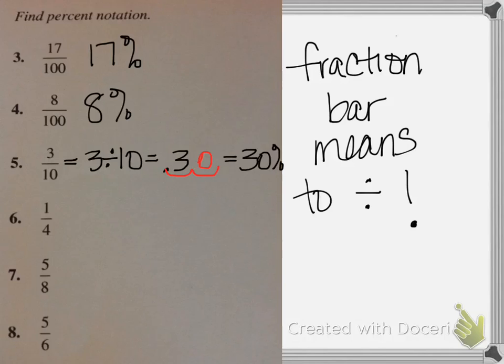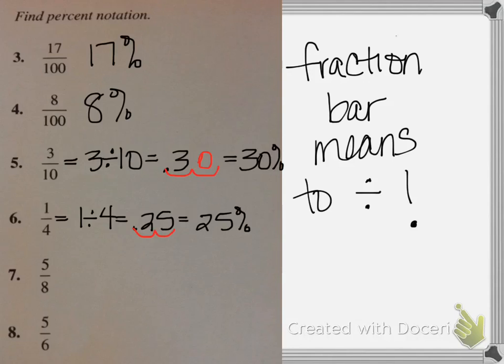So what about 1/4? Well, that means 1 divided by 4. 1 divided by 4 gets me 0.25, which, when I move my decimal point 2 places, gets me 25%.